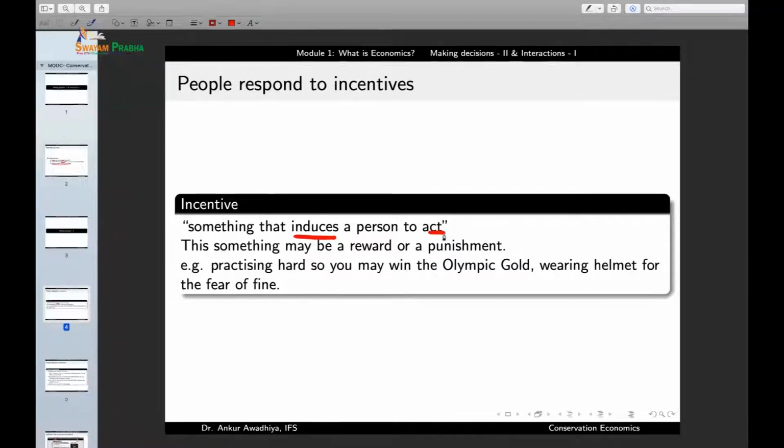So, for instance, if you get, say, a subsidy to start an industry, you will be more inclined to start the industry as compared to a situation where you were facing a large amount of taxation if you started an industry. So, this taxation or subsidy is an incentive that is being used by the government to induce people to do something.